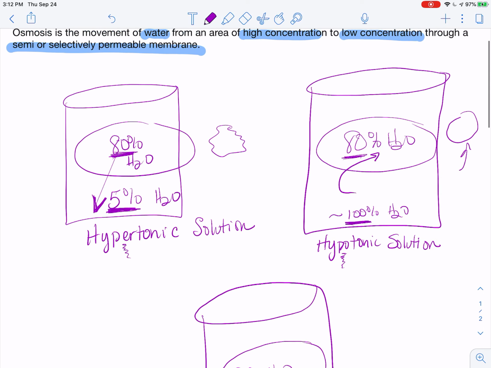Okay, so in your hypertonic solution, water is going to go from an area of high to low concentration. High is going to be inside of that cell. Outside is only going to be 5%. Water is going to exit, causing it to shrivel. Hypotonic is going to blow up.